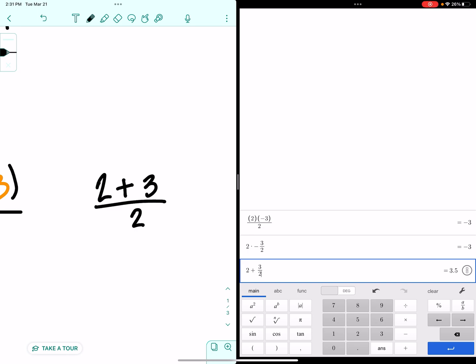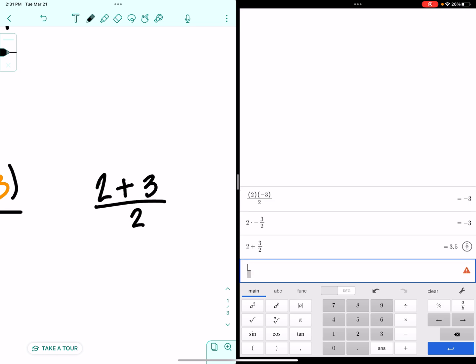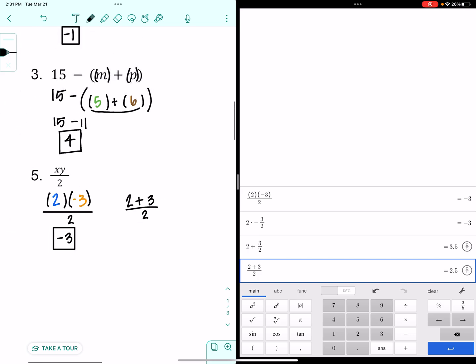When they plug that in, they plug it in fast and they don't pay attention to what they're doing. If you plug it in the way it looks with the 2 plus 3 in the numerator and a 2 in the big denominator, 3.5 and 2.5 are very different numbers. So please, please, please be careful when you plug numbers into Desmos, especially when you're working with fractions.